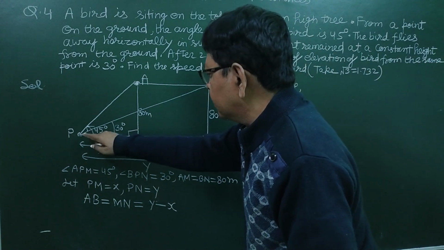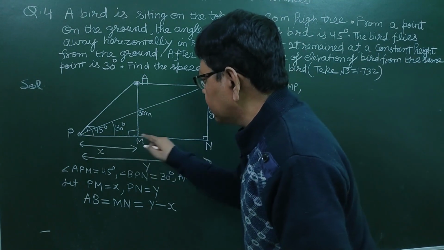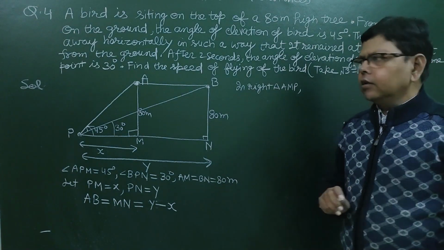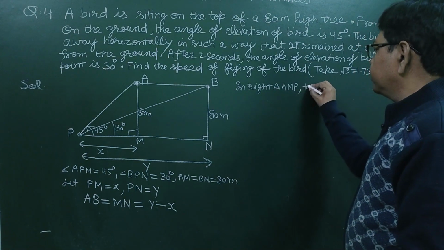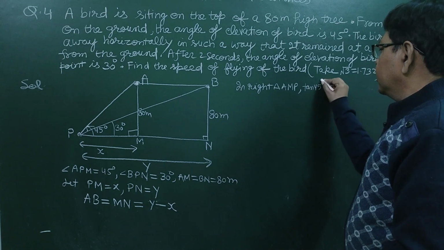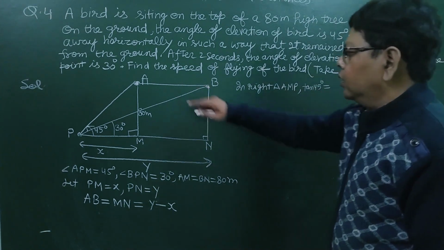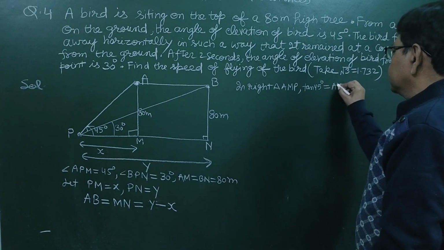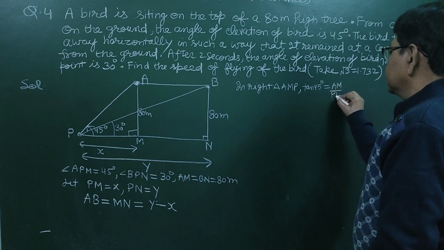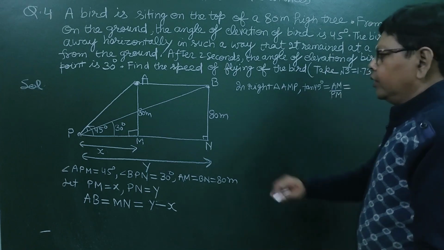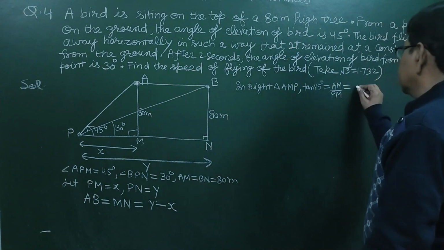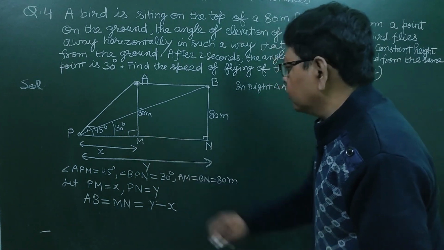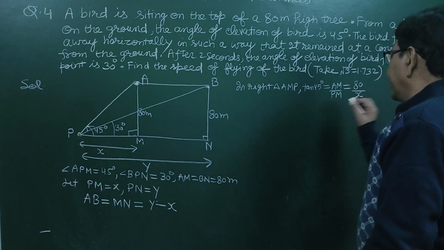the perpendicular and base are to be used, so we will consider the trigonometric ratio tan. So tan of 45 degrees is equal to AM upon PM, and AM is 80 meters upon PM, which we have taken as x.